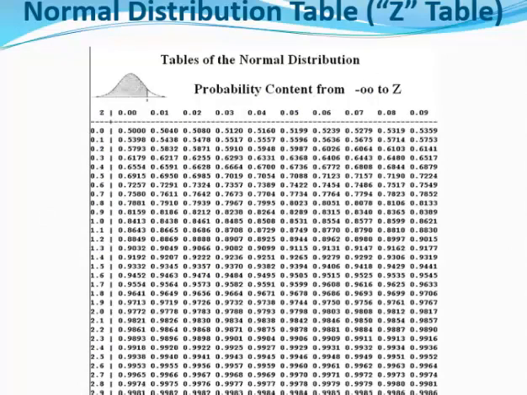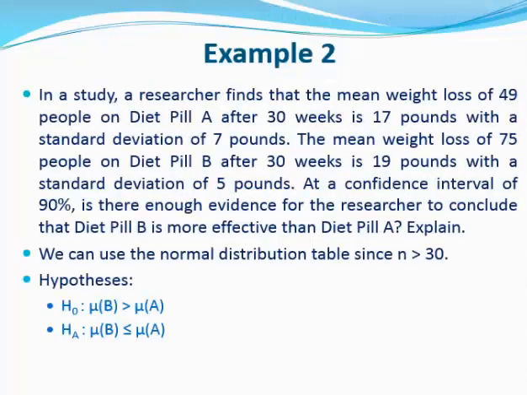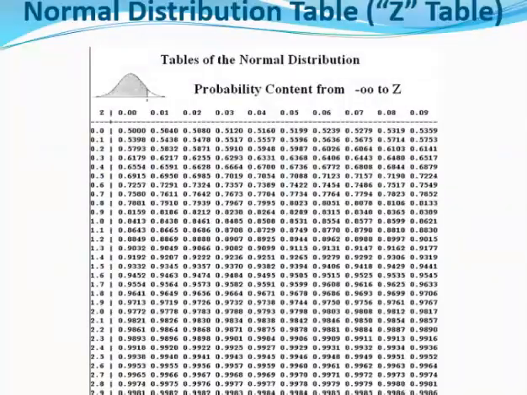Now, getting back to the question, we wanted a confidence interval of 90%. Remember, this is of course two-tailed, because we're looking for an error in either direction, not just greater than or less than a particular one.